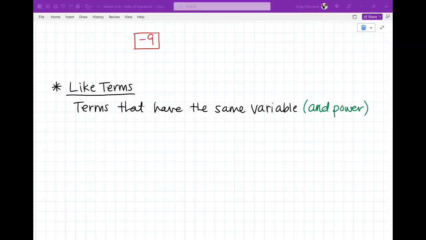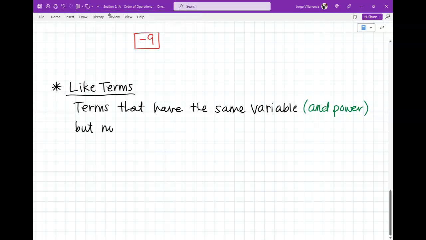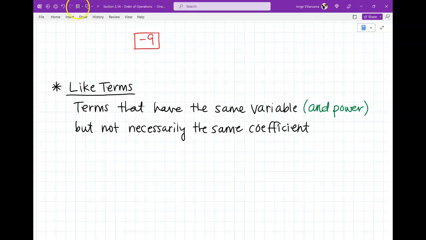So these are terms that have the same variable and power, but not necessarily the same coefficient. Now, coefficient means number in front, okay? I'm going to put that right here.